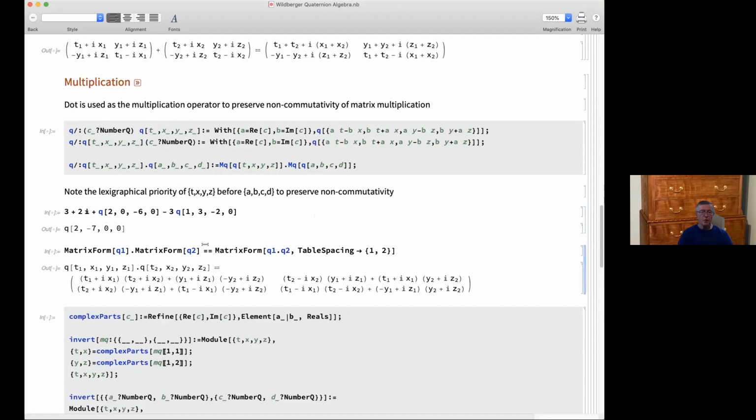In matrix form, we can see what multiplication amounts to. And note that I use the dot here for multiplication of two quaternions, because that preserves the matrix operation of multiplication. So on the left is a product of two quaternions with their subscripts, and on the right is then the equivalent matrices with the subscripts and how they multiply together.